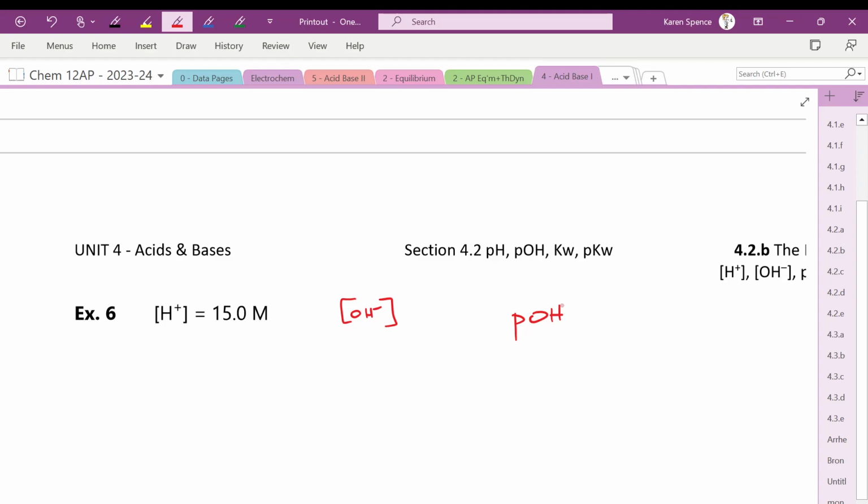And when we're doing calculations with a K, we just don't worry about the molar unit. But the final answer should be molar.